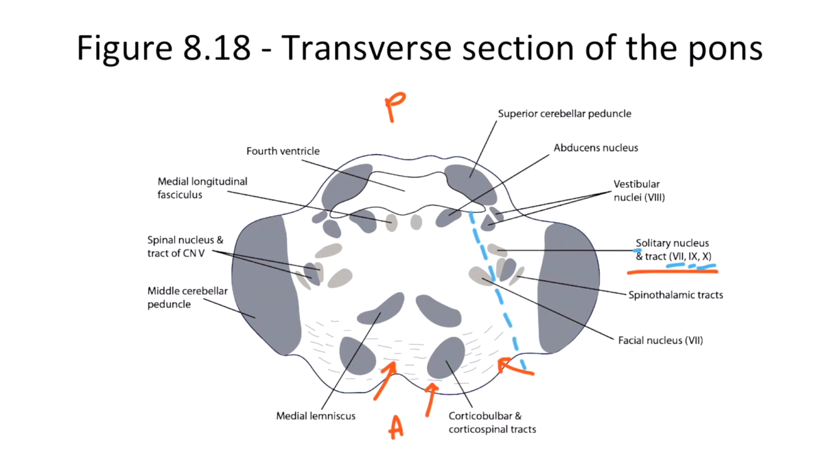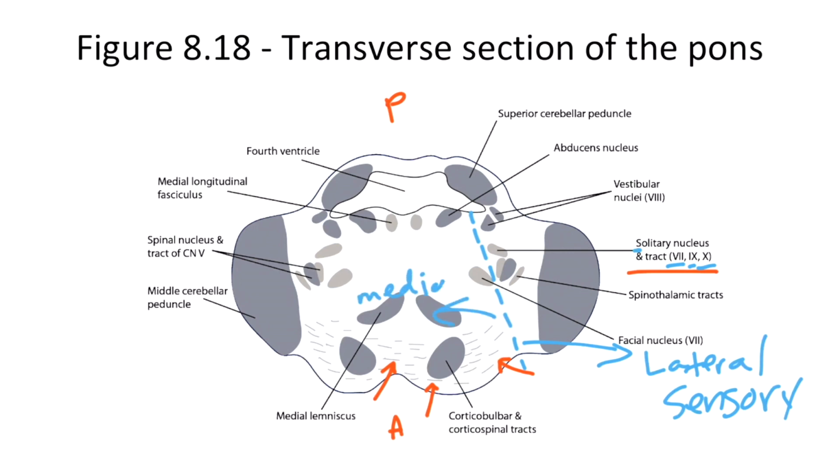Those nuclei lateral to the sulcus limitans are sensory, and those nuclei medial to the sulcus limitans are motor. I use the letter M in the word medial to help me remember that the nuclei medial to the sulcus limitans are motor nuclei.